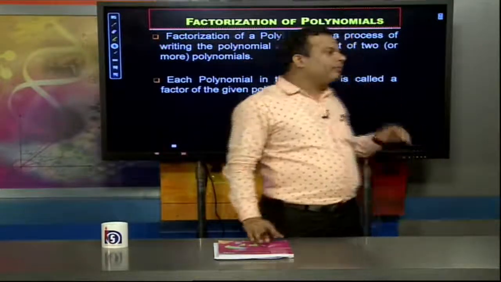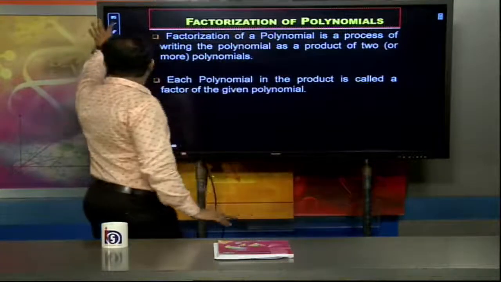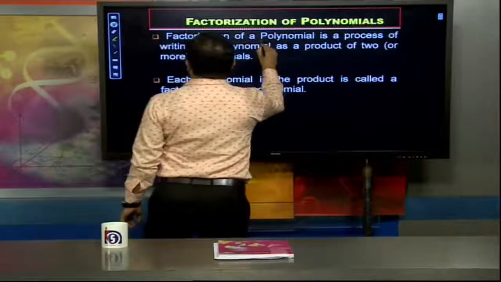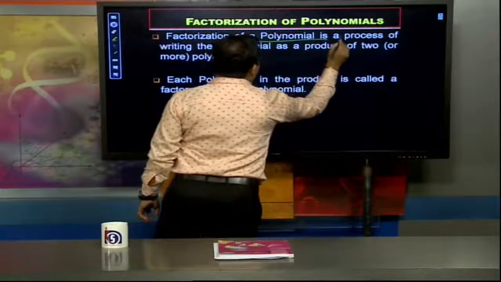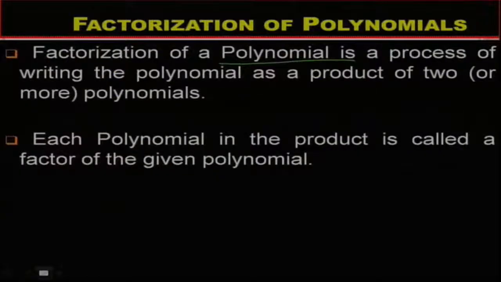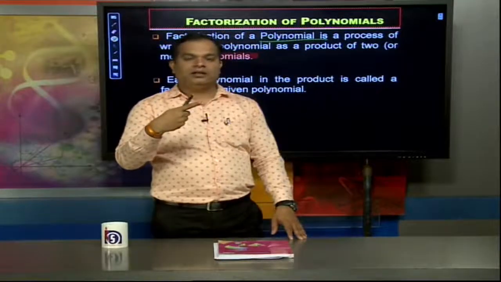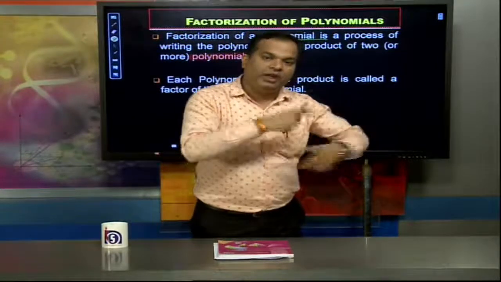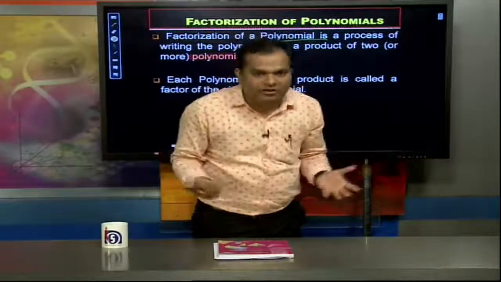When talking about factorization, learners, the important thing is factorization of a polynomial is a process of writing the polynomial simply as a product of two or more polynomials. That means what are the factors, when we multiply these factors we will get the polynomial.